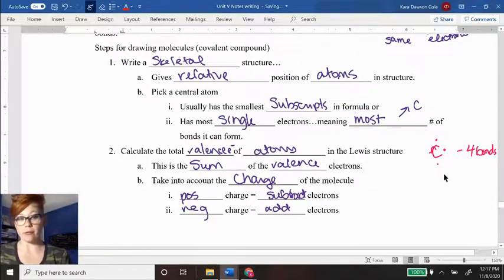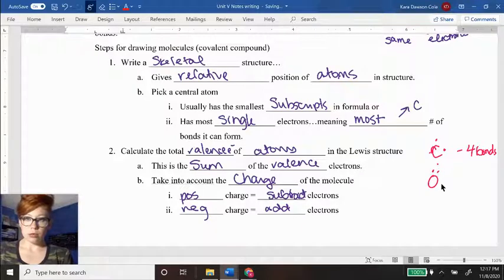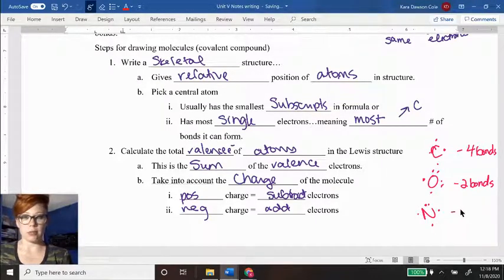So if you do not have 4 bonds to carbon, something's wrong with your structure. Oxygen's Lewis structure has 2 lone pairs and 2 single electrons, which can form 2 bonds. Nitrogen has 3 single electrons, so it can form 3 bonds.